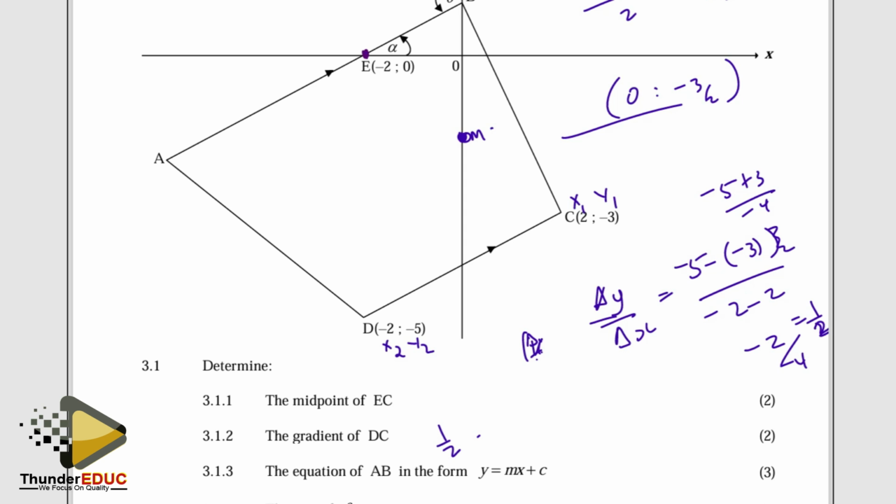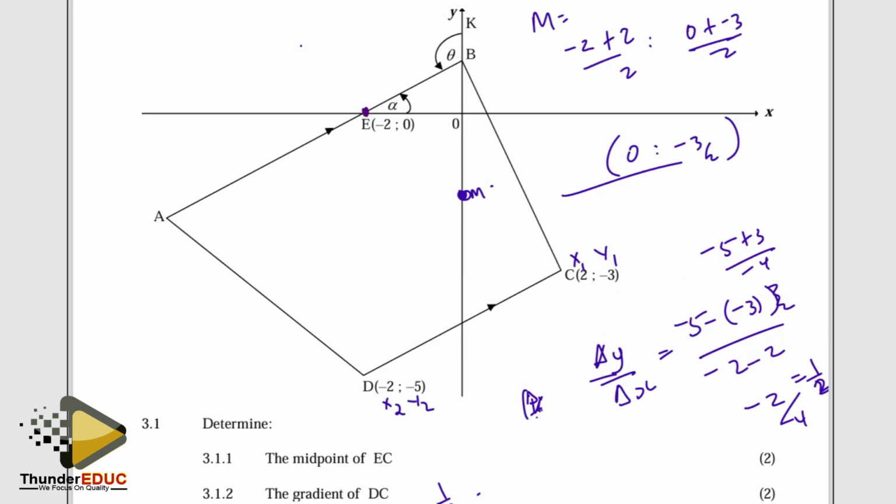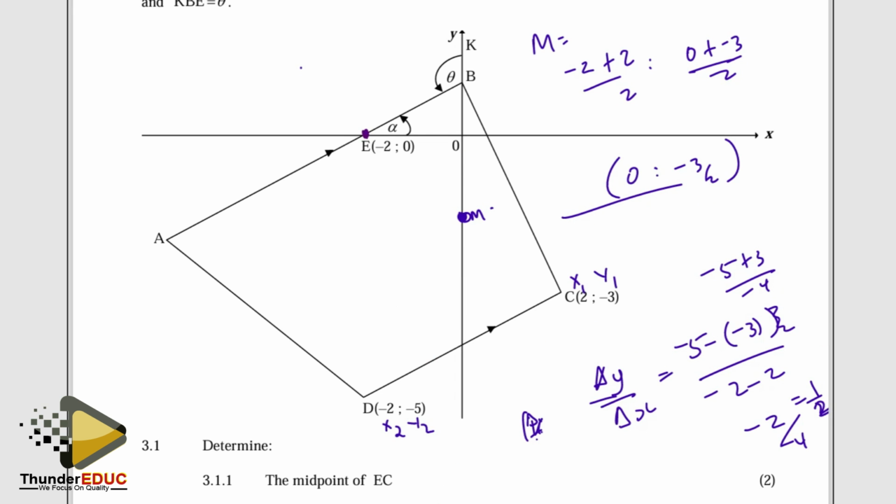Then the next one, they want the equation of AB. Now, we know that AB is parallel to CD. And for as long as the lines are parallel, the gradient of AB must be the same as the gradient of CD. So we have a point here. So we're going to say y minus 0 is equal to the gradient, which is a half, into x minus minus 2.